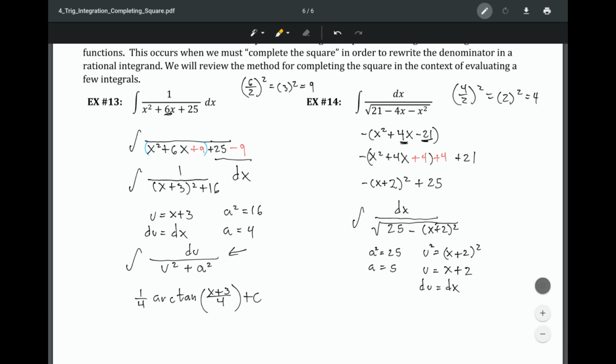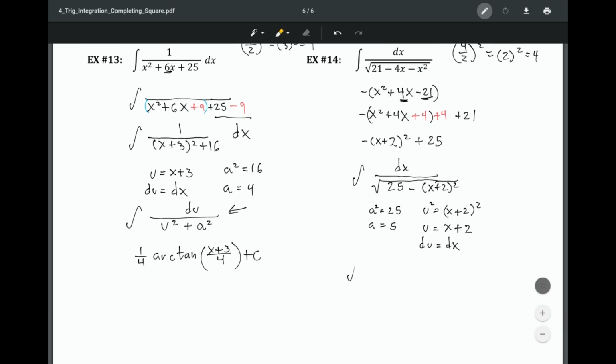So I'm going to use substitution and replace all of this, all right? So this is going to definitely be du on top. And the bottom is just going to be a squared minus u squared. Okay, so that is that.